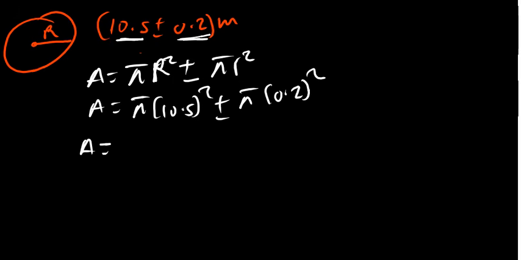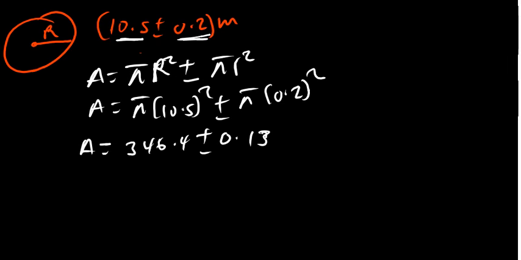So my area is going to be equal to, if I get 10.5 and square it, times pi, I'm getting 346.4, and then this is going to be plus or minus 0.2 squared times pi, which is going to give us 0.13.